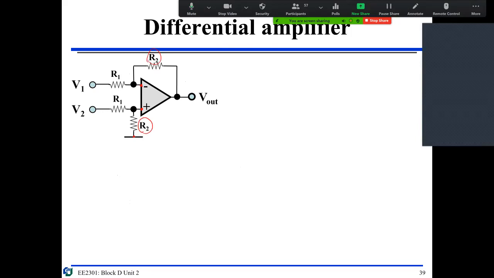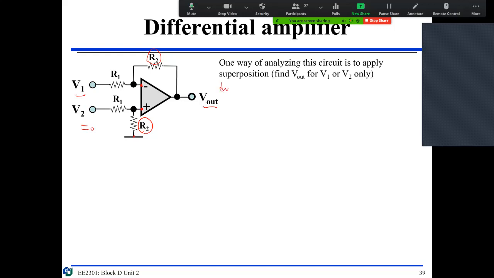So how can we derive this? We want to see the difference between V1 and V2. We can use the superposition principle here. We assume one of them is 0, then only consider V1 first and see what the V out is due to V1.